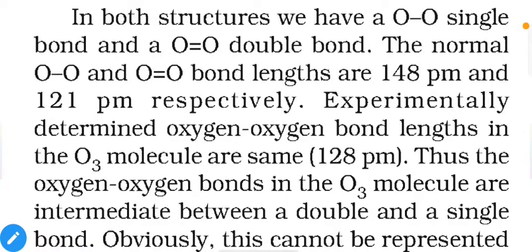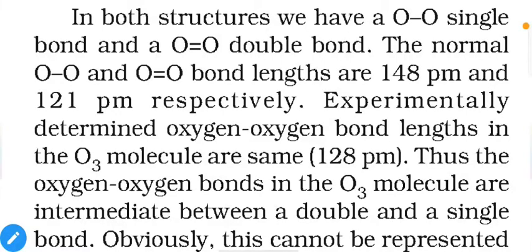Keep in mind, a single bond length is usually 148 and a double bond length is 121, but in ozone each and every bond, between the first and second and between the second and third oxygens, is 128. That means they are exactly the same, both types of bonds are the same, and lengths are also the same. Thus the oxygen-oxygen bonds in the ozone molecule are intermediate between double and single bond.